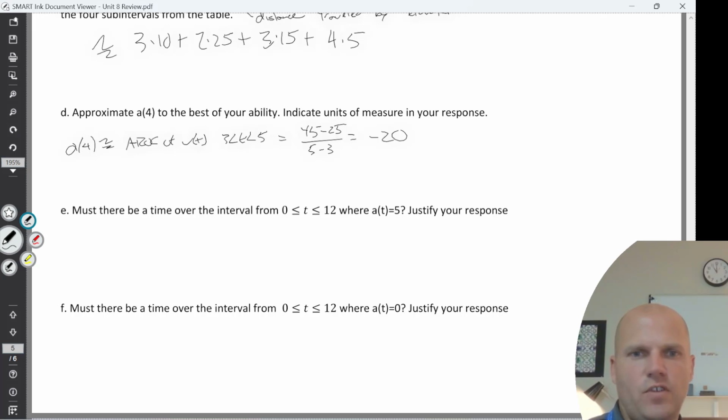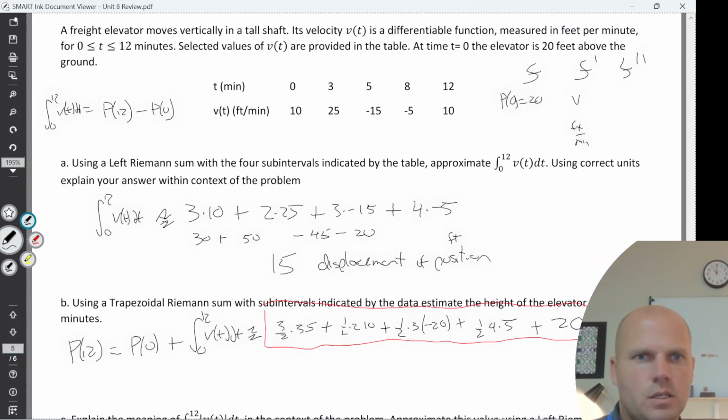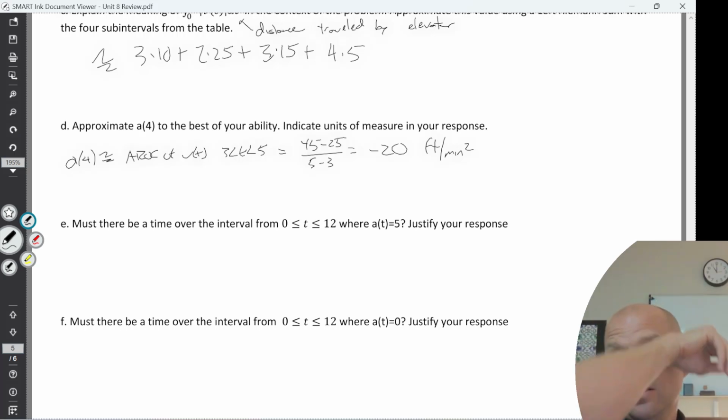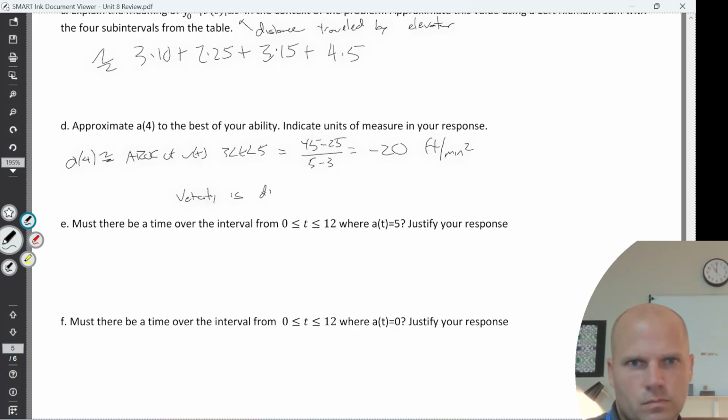This will be feet per minute squared, which is telling you your velocity is decreasing. Approximately 20 feet per minute squared at t equals 4.